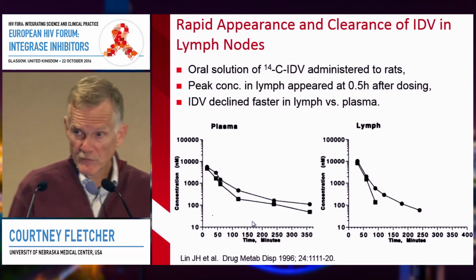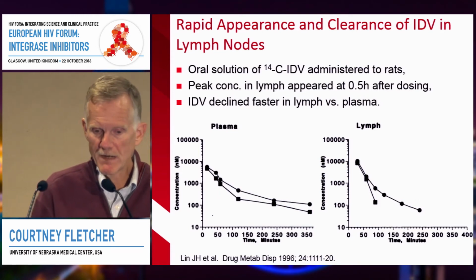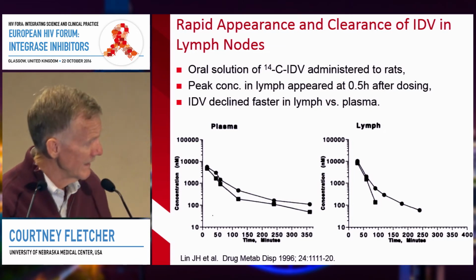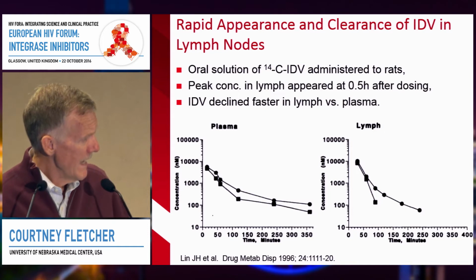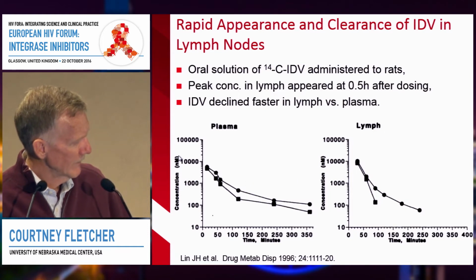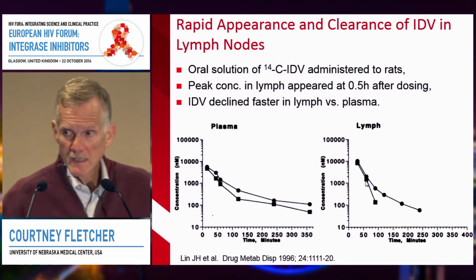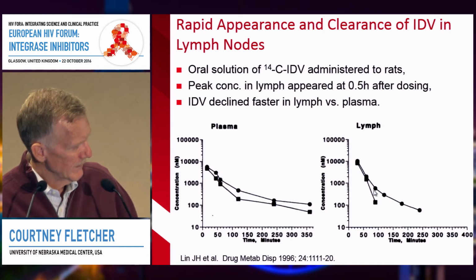Well, this is not new. You can go back into the very early literature with indinavir, the protease inhibitor, in this case given to rats, and compare the half-lives of the drug in plasma versus the half-lives of the drug in lymph, and you see this principle. Again, look at the differences in the slopes.